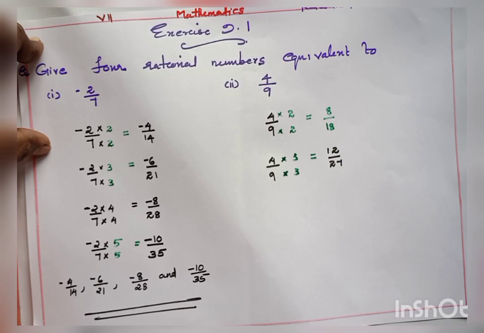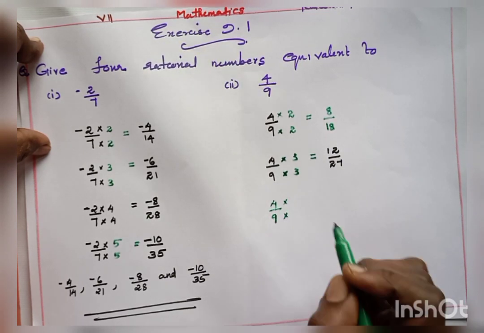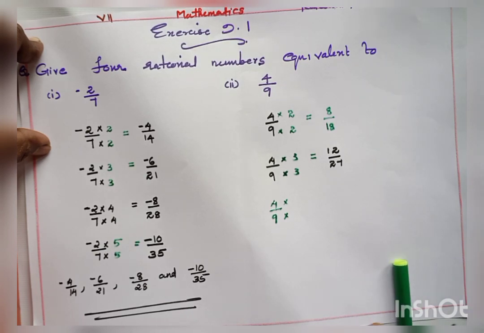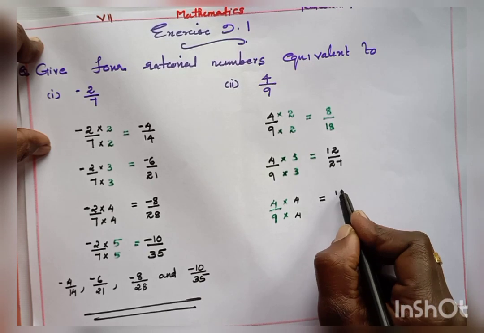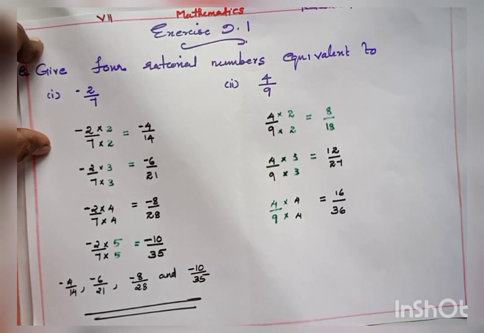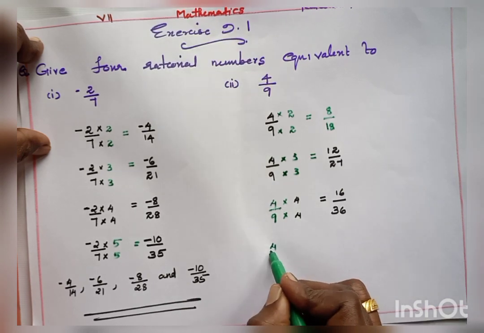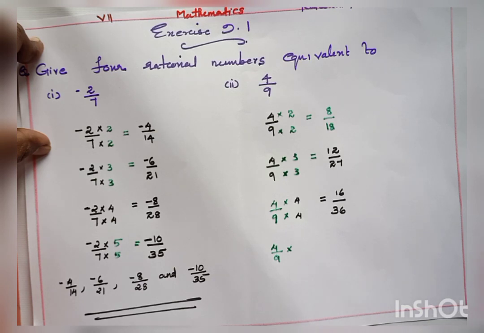Then 4 by 9, multiply both numerator and denominator by 4. We get 4 into 4 is 16 by 9 into 4 is 36. Next is 4 by 9, multiply both numerator and denominator by 5.